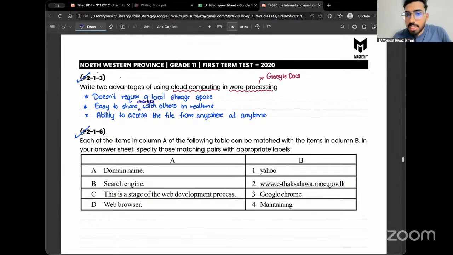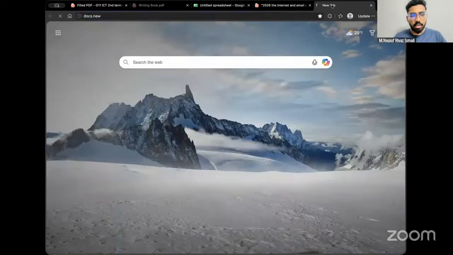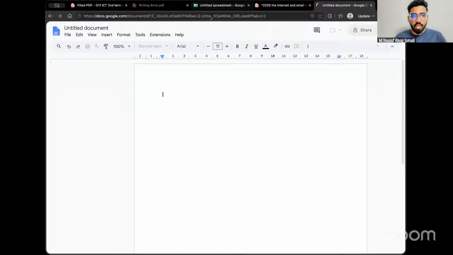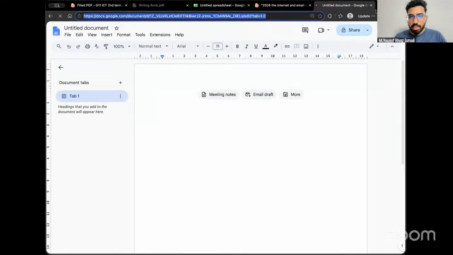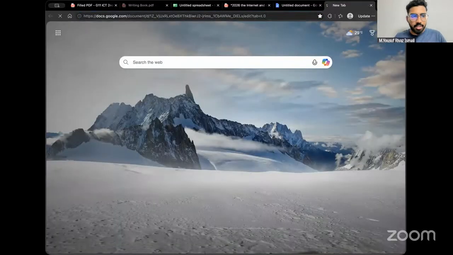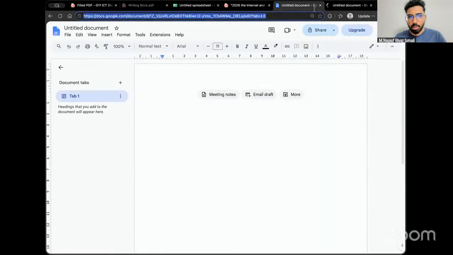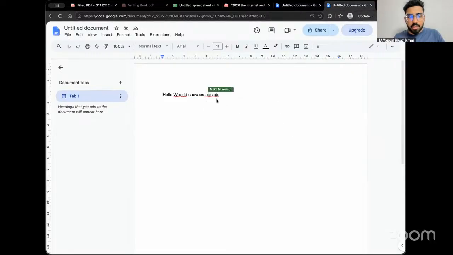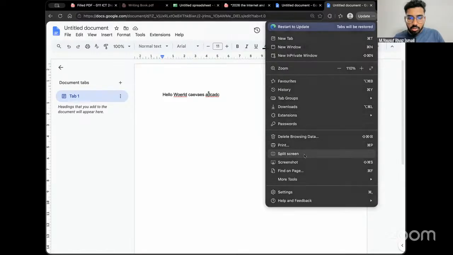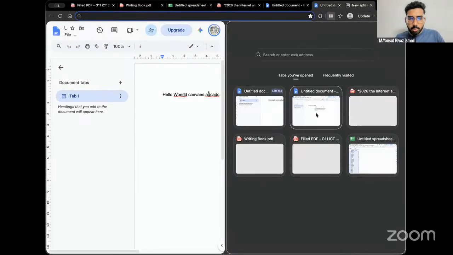What I mean by sharing changes with others in real time is, for example, let me open a Google Doc. Currently I have a Google Doc open here. I'll open the same document in a different tab as well. So I have the same document in both. Let's say I go and make some changes here. I type the words hello world, just some random text. The text I type here, you can see it's showing in real time. I can split the screen and show. There will be a small delay of a few seconds.